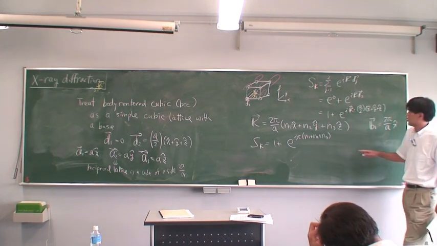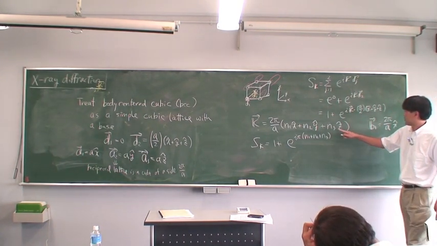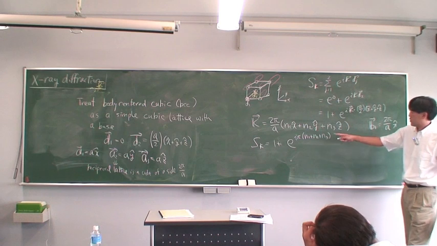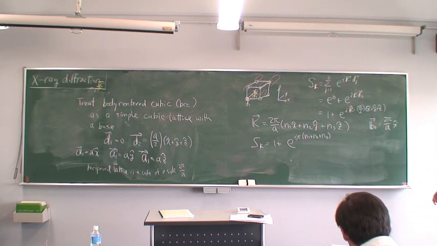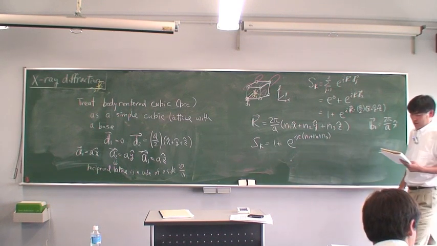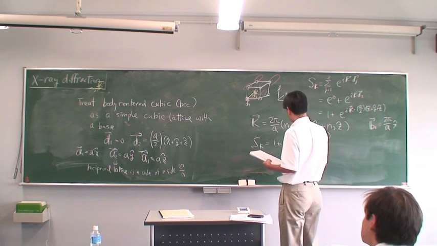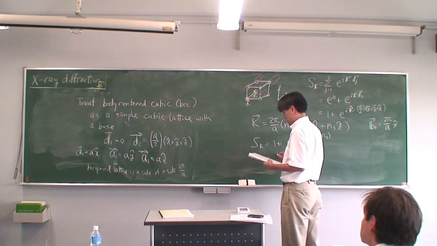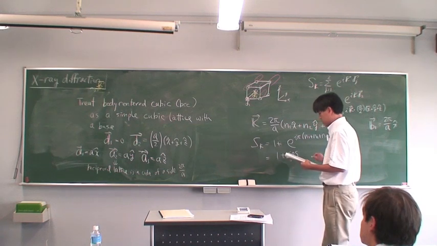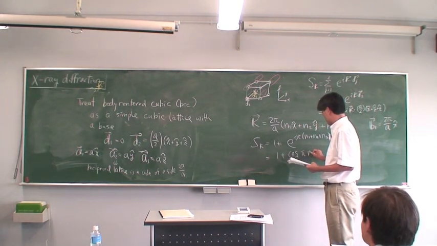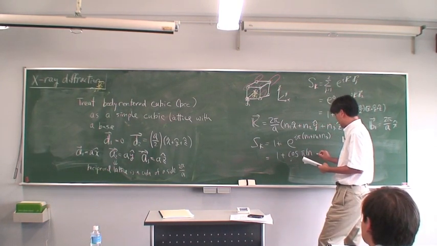After all, only the Z-Z N3 part survives, N1, N2, and so on. Okay? And this is 1 plus cosine π N1, this is just N1.